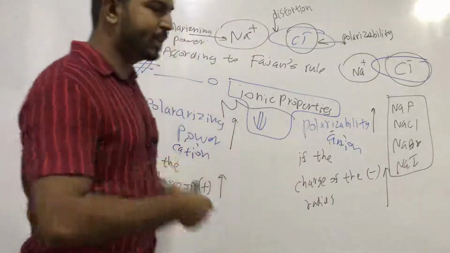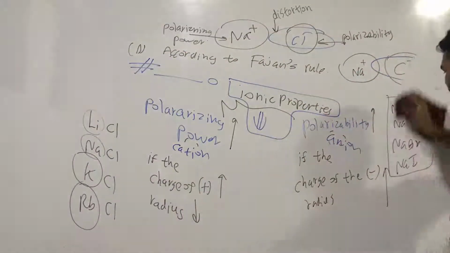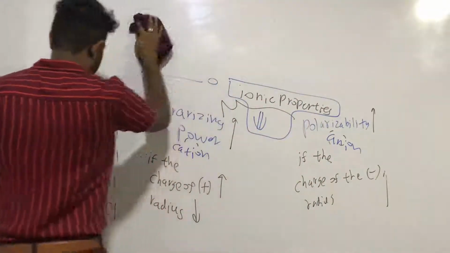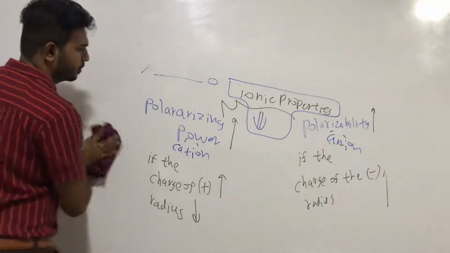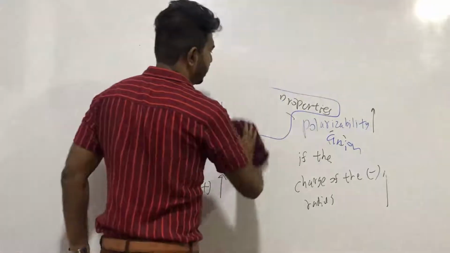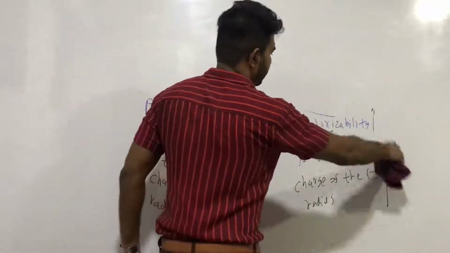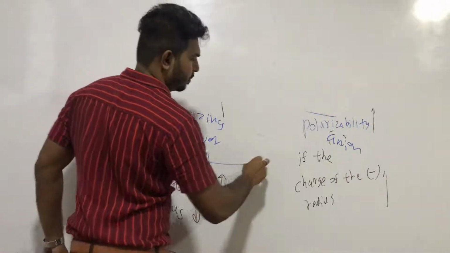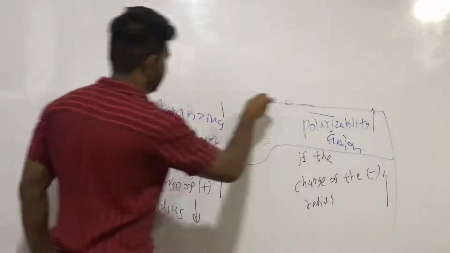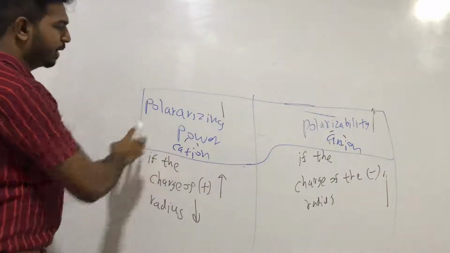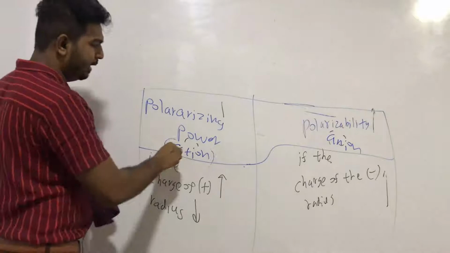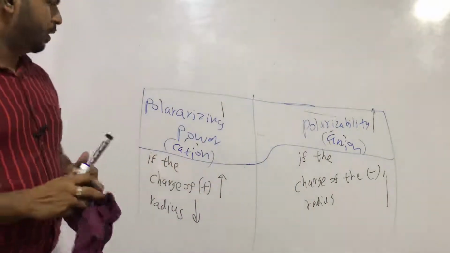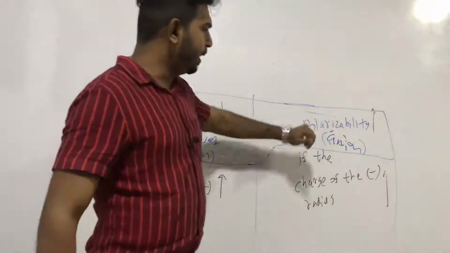So make a table. This is polarizing power for cation and polarizability for anion.